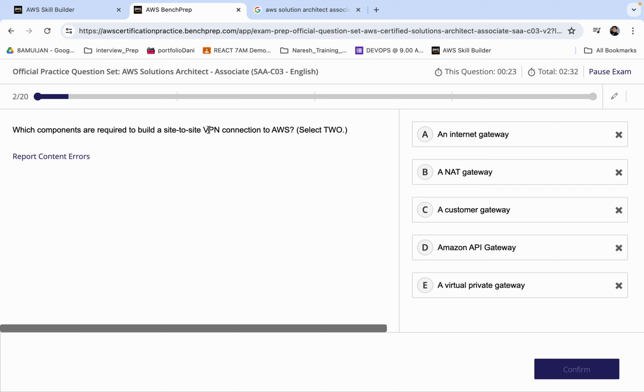For site-to-site VPN connections, a customer gateway and a virtual private gateway are the two required components. An internet gateway is not required for this. A NAT gateway is also not required, because we know that a NAT gateway is applied on the public subnet. The customer gateway and the virtual private gateway will help connect the site-to-site VPN to AWS.